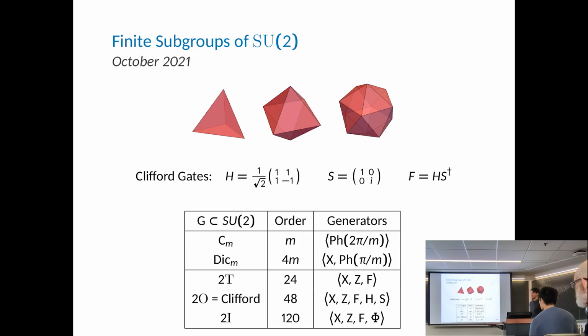And I said, well, that's kind of a shame. 2I is a famous example of exceptional symmetry. And as a mathematician, you want to explore objects with exceptional symmetry. That's exciting. So I thought, well, it would be really great if we could find a quantum error correcting code that had a 2I transversal gate group.